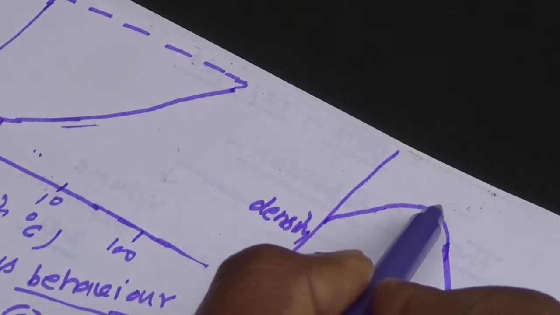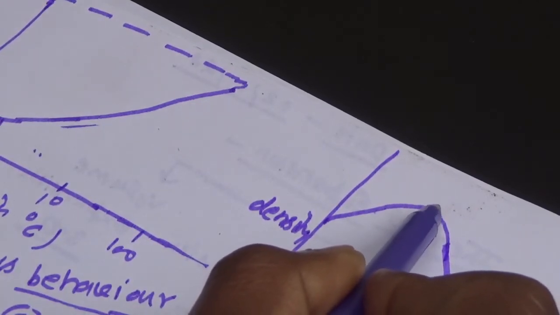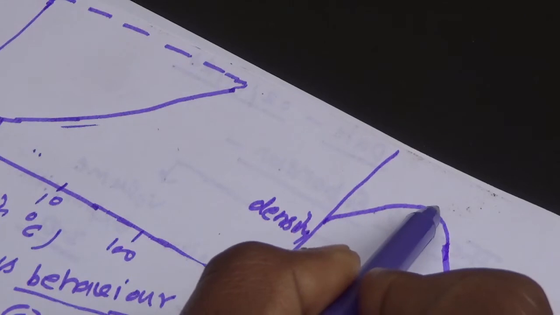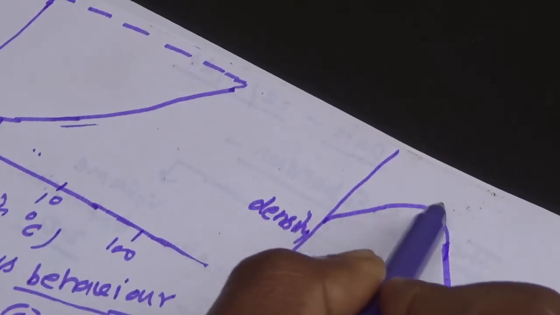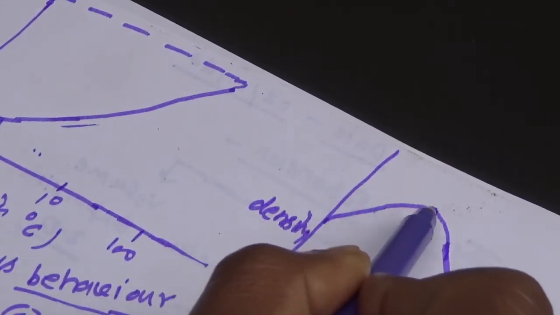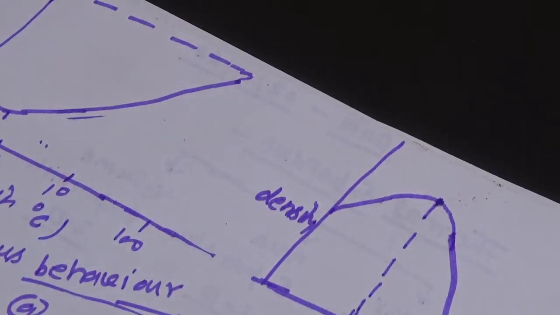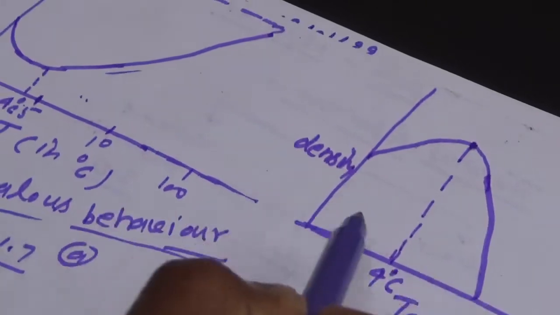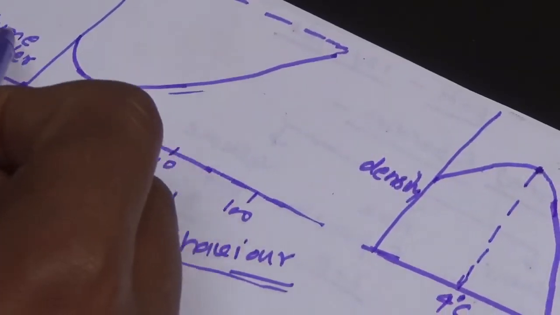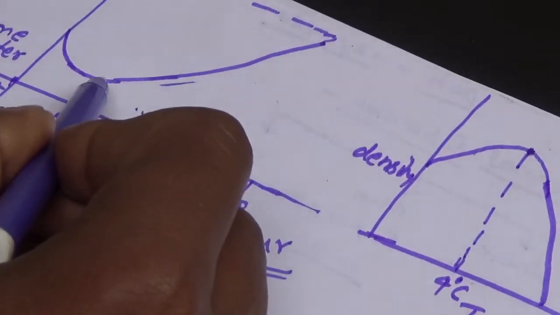Here you can see this is the top point of density, so we can say this is the maximum point of density, and this will be at 4 degrees Celsius. Why? Because at 4 degrees Celsius the volume of water is lowest.